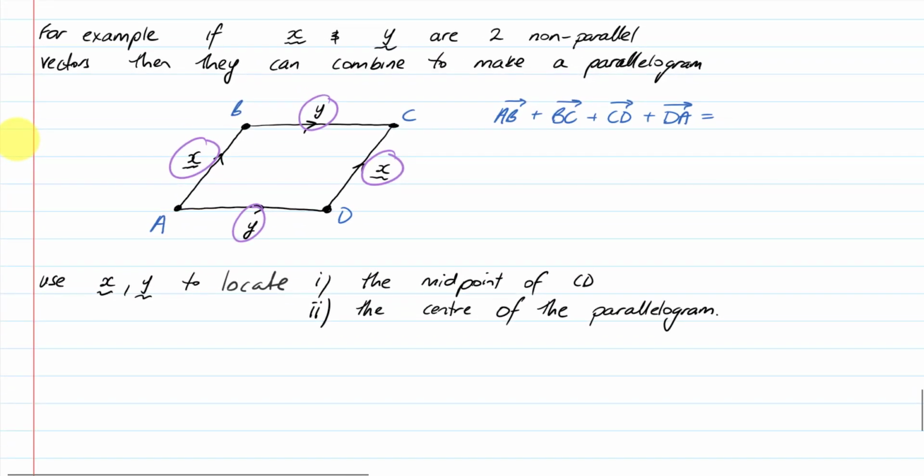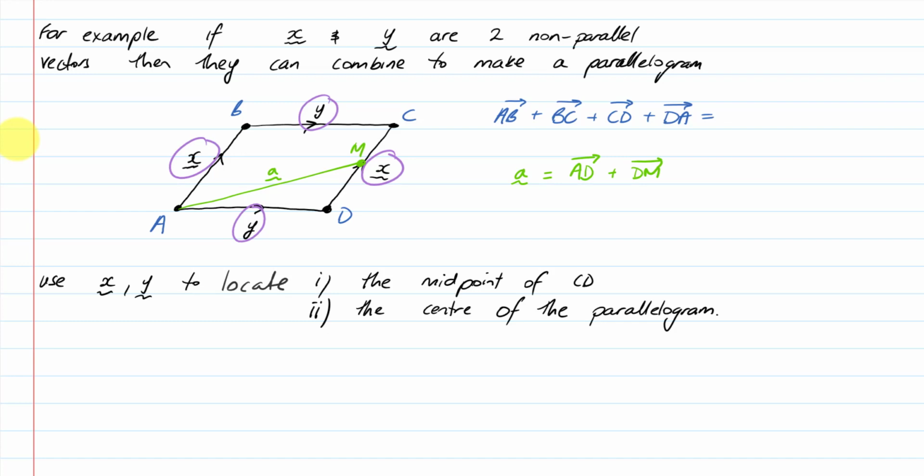So if I zoom in on this, the midpoint of CD is right here, and we can locate that as a vector from A. Let's call this M for midpoint. Vector AM is equal to AD, whatever that vector is, plus DM, whatever that vector is.